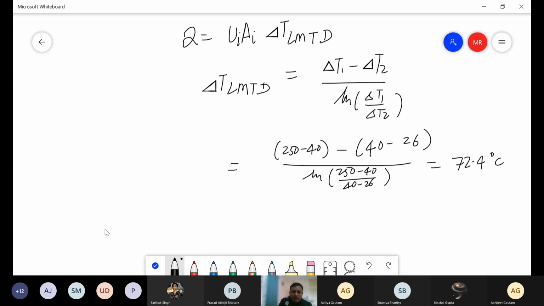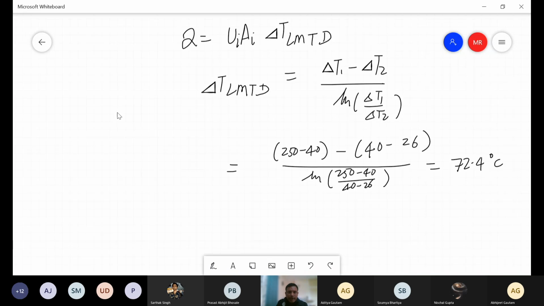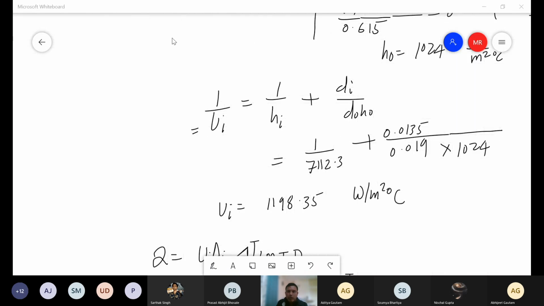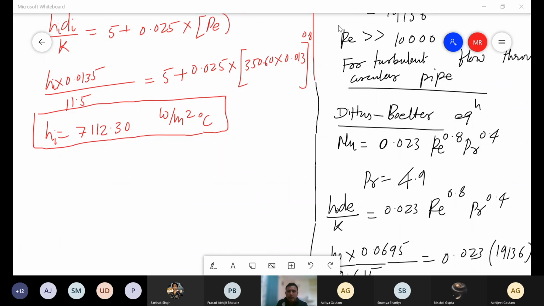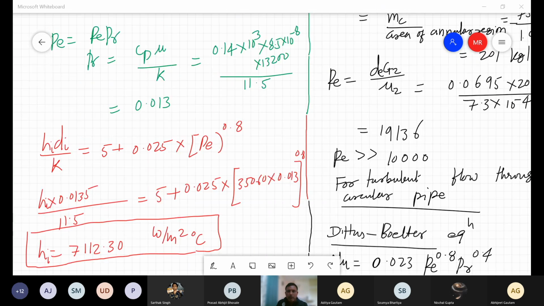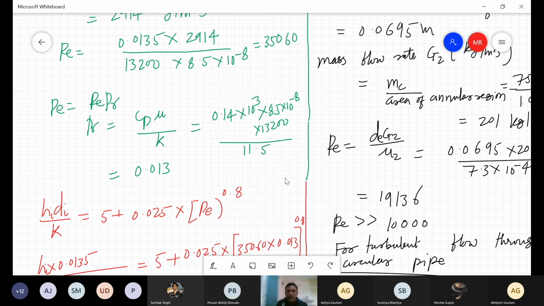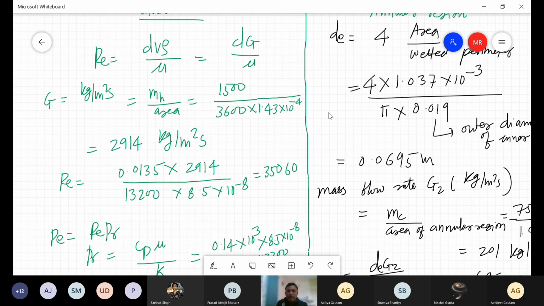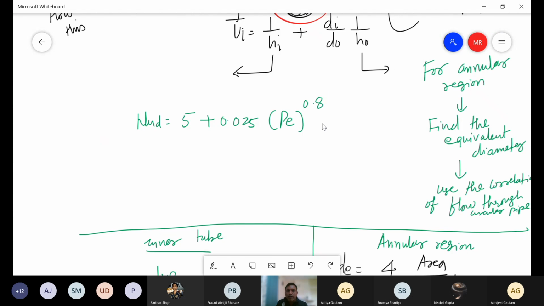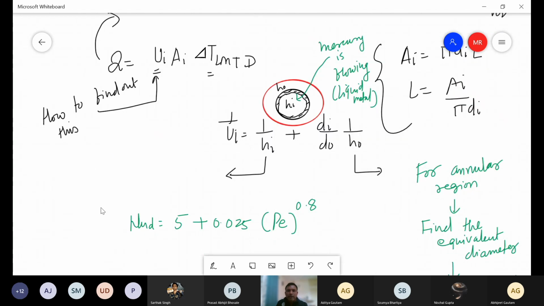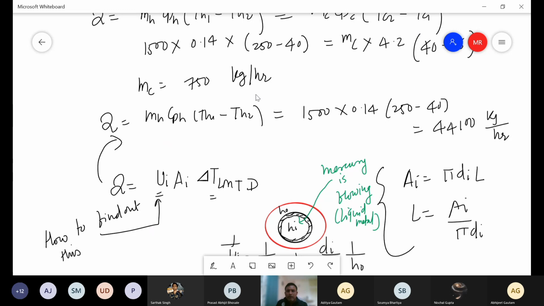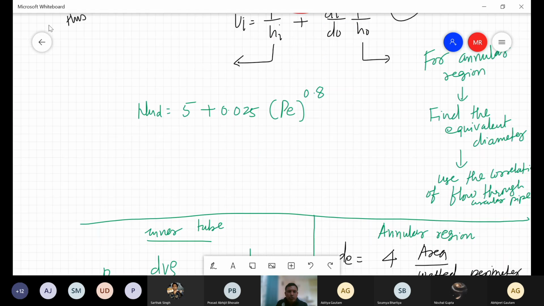Now you can put it in this equation. Q you have already calculated. If you go back and see the Q value, Q is 44100 kilojoule per hour.